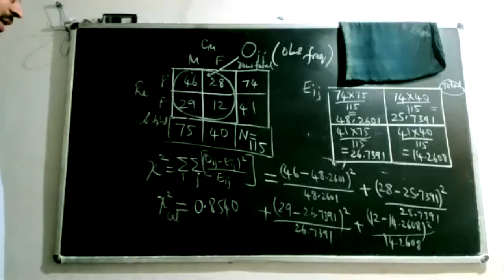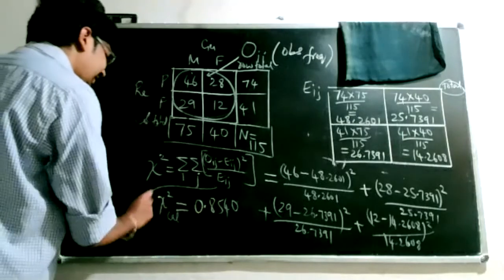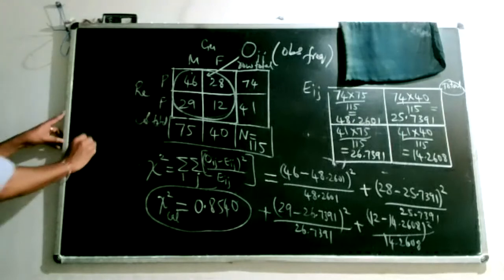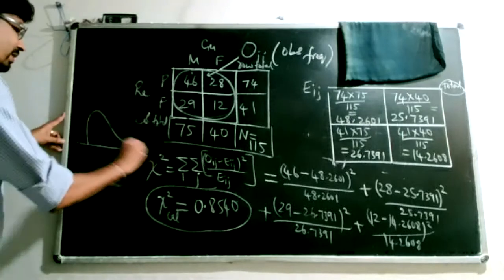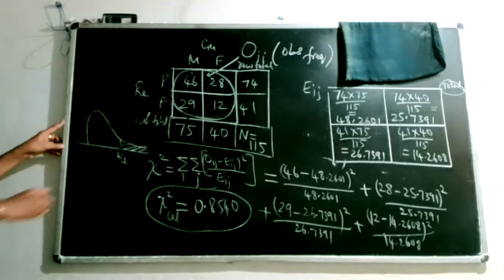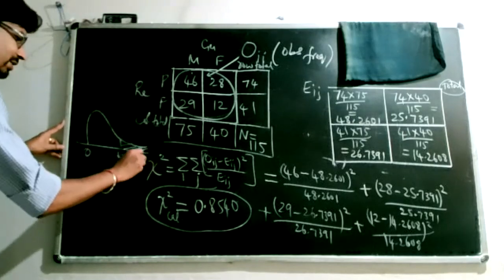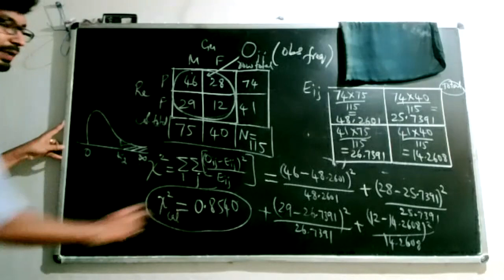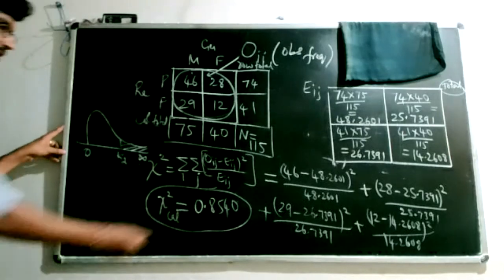So you already know what the conclusion is. And as said, our test is a right tail test. Right tail chi-square test always indicates that you will reject the hypothesis for a large value of the observed, because chi-square is from 0 to infinity. So for a larger value only, we will reject the hypothesis.